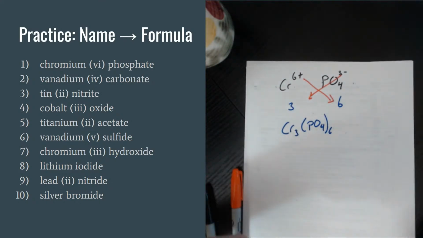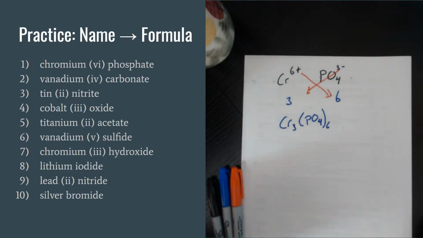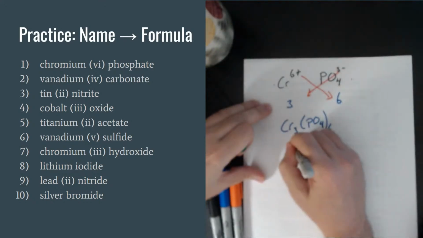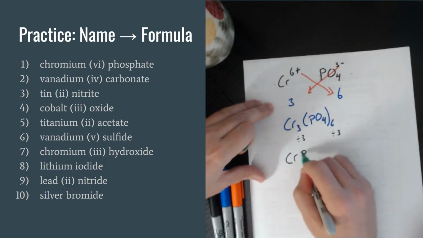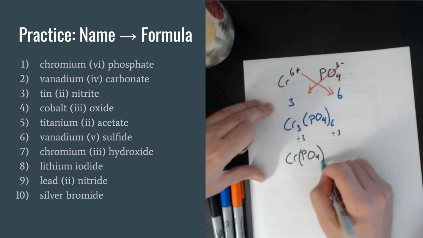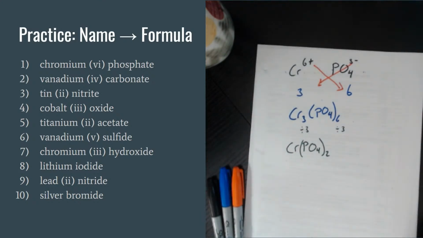So that is the start of what you're looking at. But like I said, we have to reduce the ratio. 3 to 6 doesn't work. They're both divisible by 3. So you divide both of those numbers by 3. That gives you Cr (PO4)2. That is chromium(VI) phosphate.